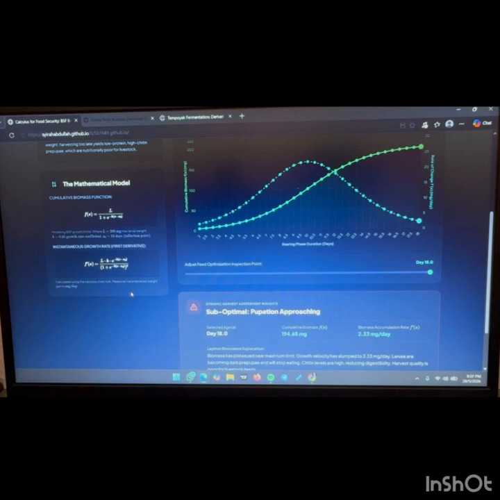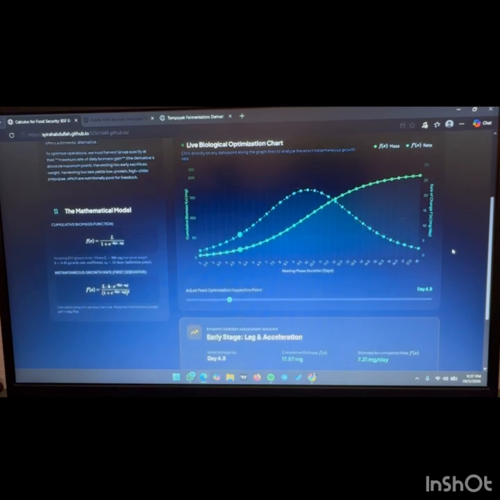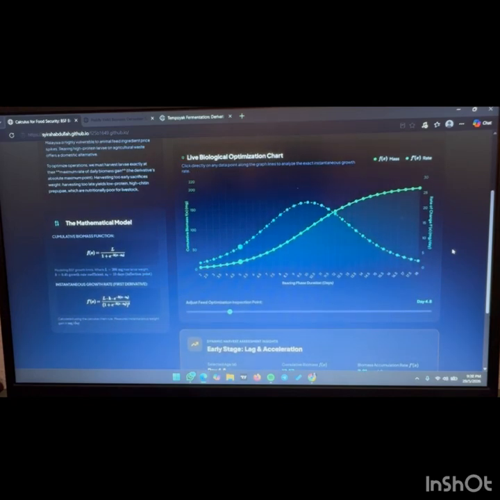Next is the live biological optimization chart. The green line shows cumulative biomass growth, while the blue line represents the growth rate.